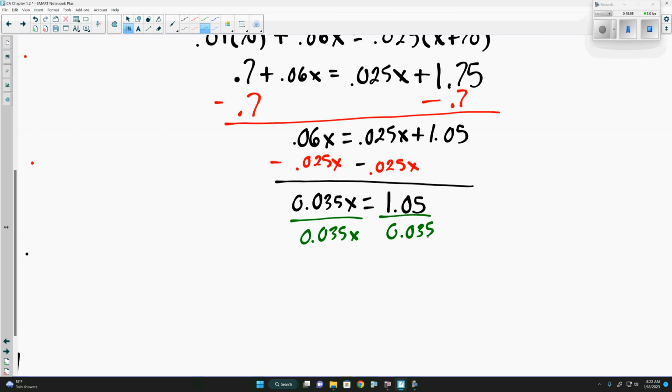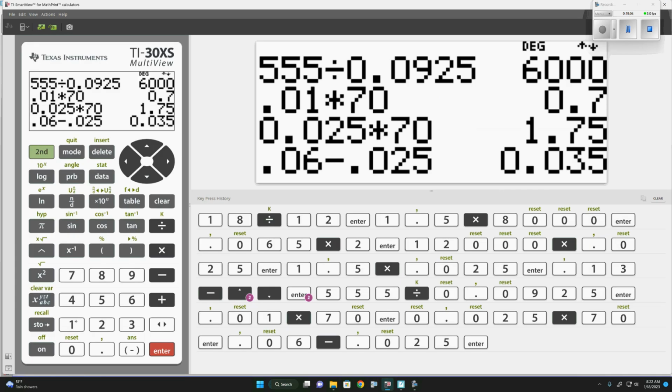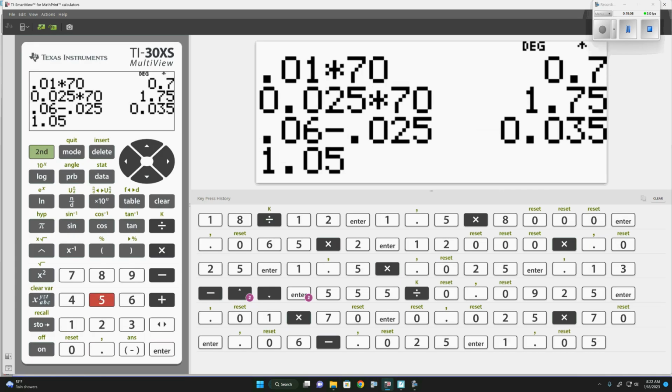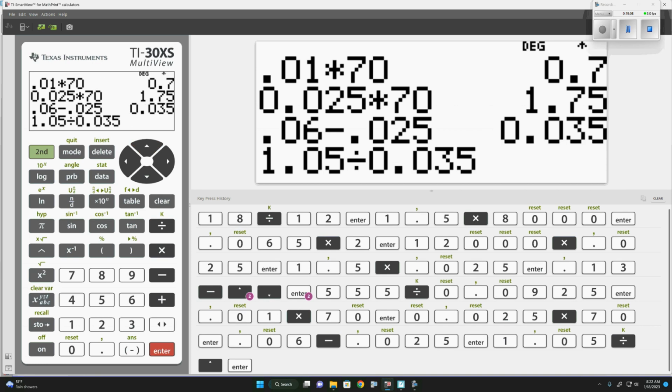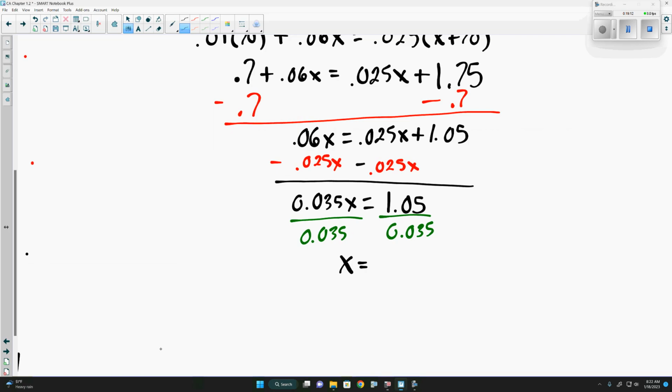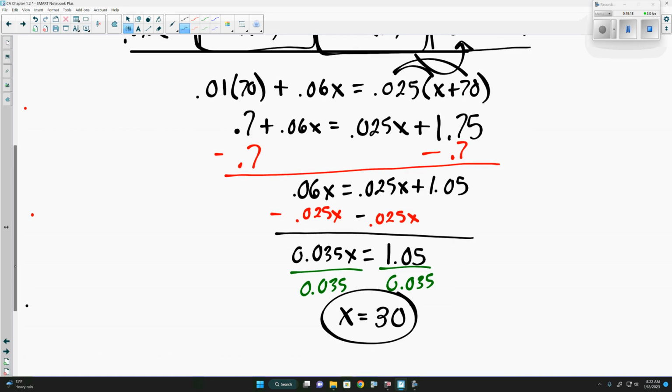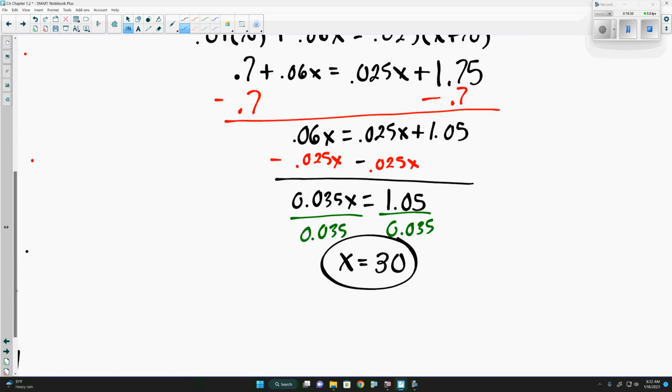Or we don't need the x, actually, just need the 0.035, because we do need to leave x by itself. 1.05 divided by, which gives us 30. So how many liters of the 6% do we need? 30.